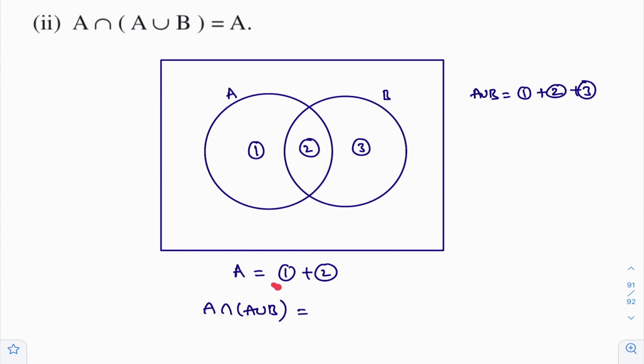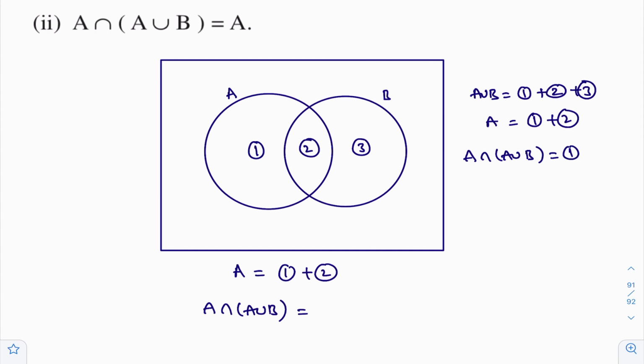What is A? A is 1 plus 2 only. I want to do the intersection of these two, right? A intersection (A union B). In this set we have part 1, part 2, part 3, and set A is 1 plus 2. What is the common part in both? 1 plus 2.